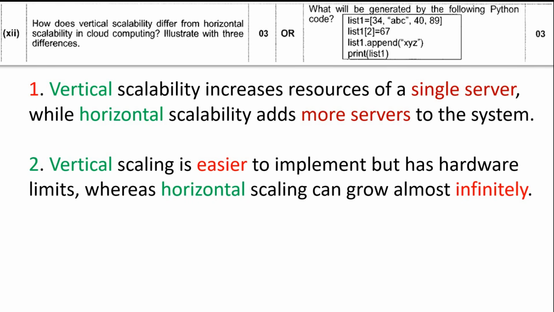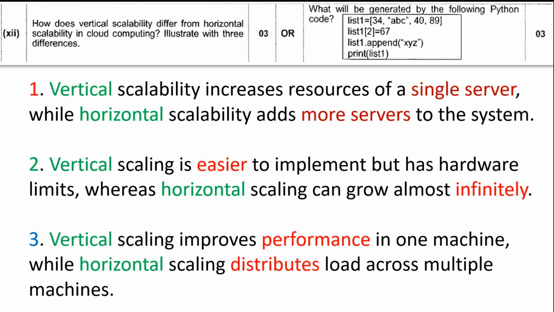Number 2, vertical scaling is easier to implement but has hardware limits, whereas horizontal scaling can grow almost infinitely. Vertical scaling is easier because if your system supports it, you can put in more hard disk, more RAM, until your system is supported. Whereas horizontal scaling can grow almost infinitely. You can attach one server, two servers, three servers, so many servers. It's unlimited.